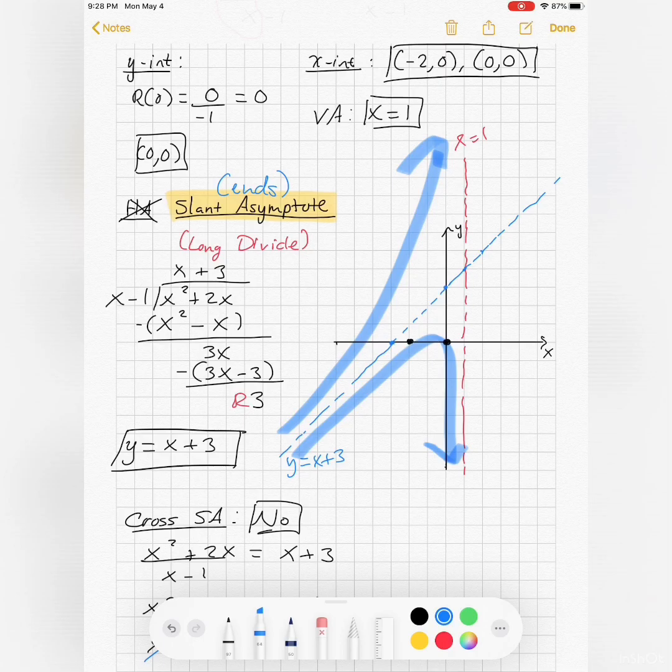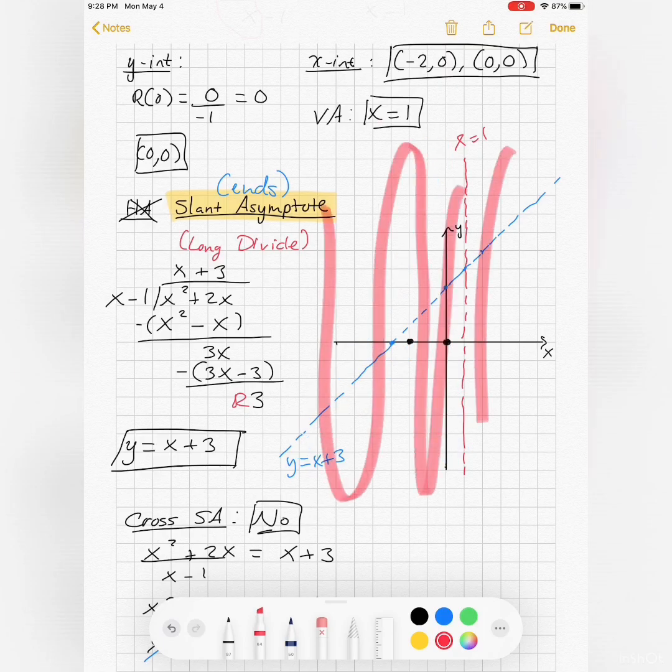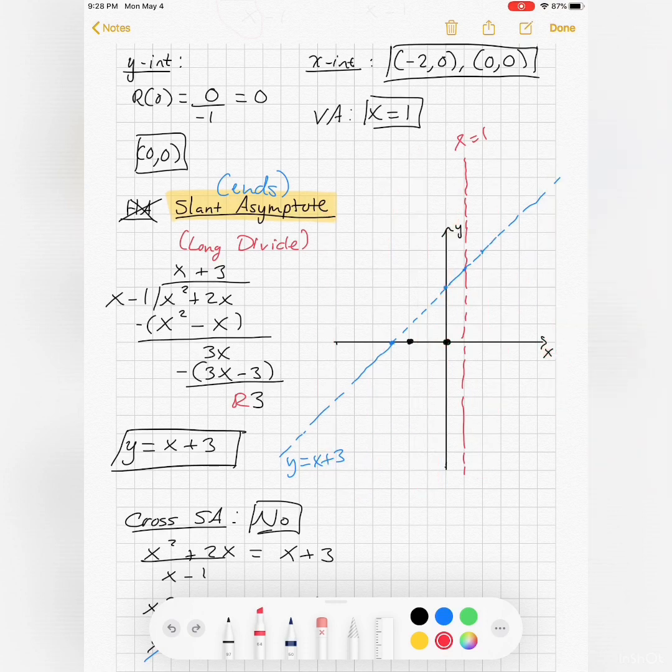Well, that would not be possible because then this would not pass the vertical line test, right? It would not be a function. So that can't be the case. Okay, so something here and something here.